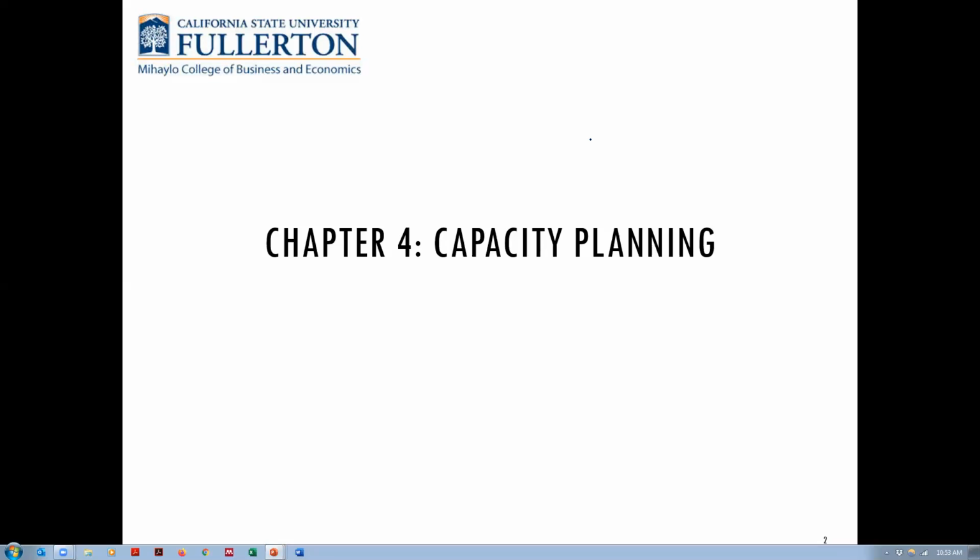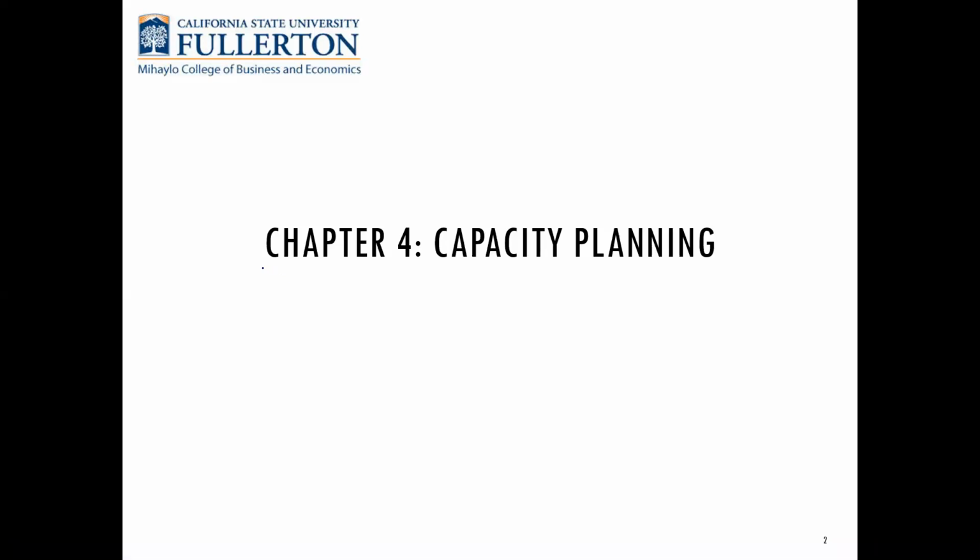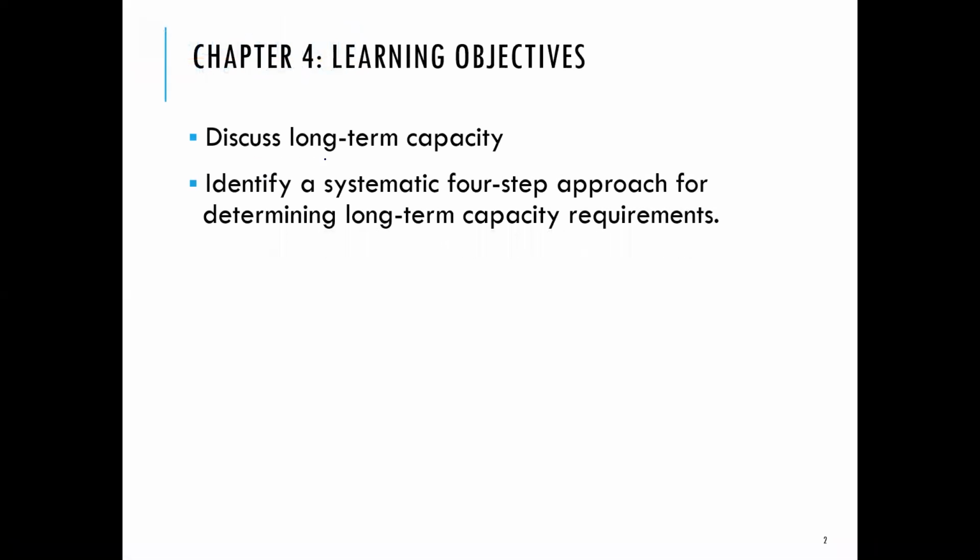So when we met last week, we were discussing chapter 4, which pertained to capacity planning or long-term capacity planning, and the intent in chapter 4 was that we will first introduce ourselves to the notion of long-term capacity and why is it needed.